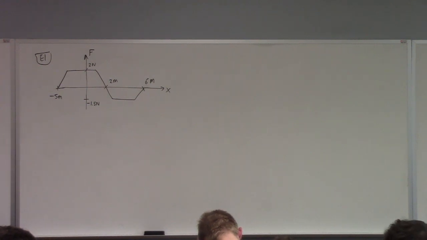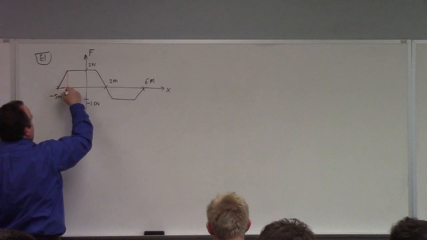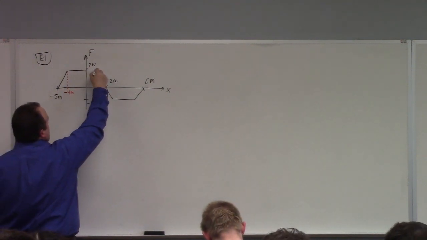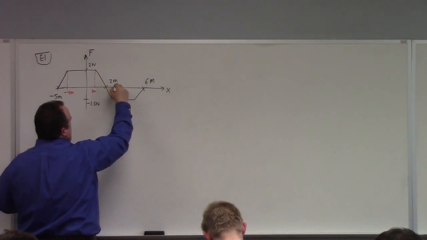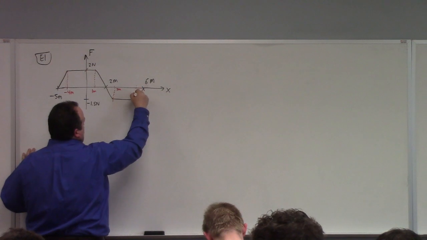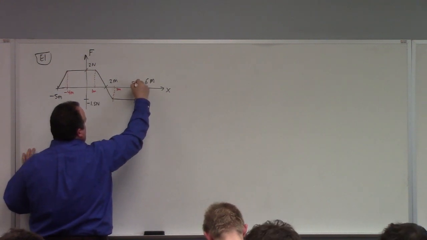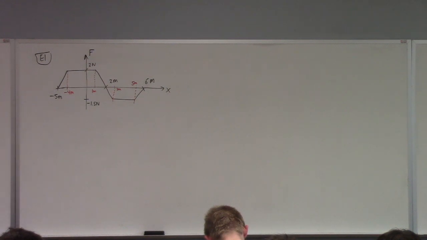Furthermore, I will tell you this right here is minus 4 meters. This right here is 1 meter. This right here is 3 meters. This right here is, let's say, 5 meters. All right. Now I've told you everything about the shape, okay?